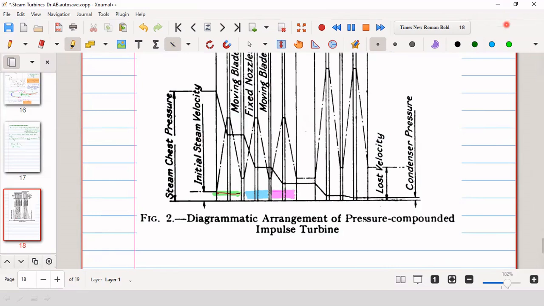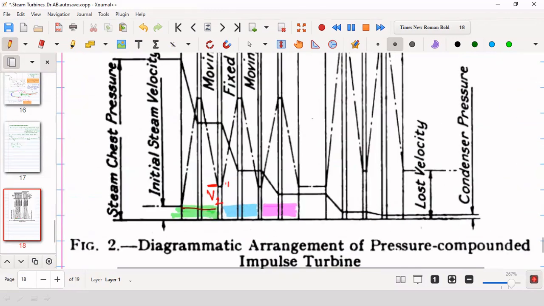So what is happening here? For the first stage, the exit velocity is V2. So that is exit velocity. Therefore, that part of that is available at the entry to the nozzle. This is nothing but the fixed nozzle. Let me enlarge it so it will be clear.